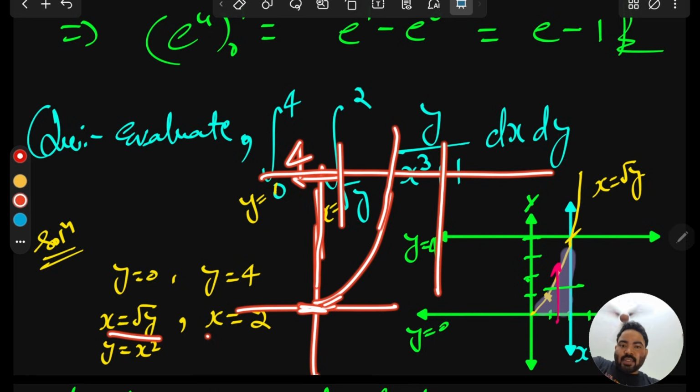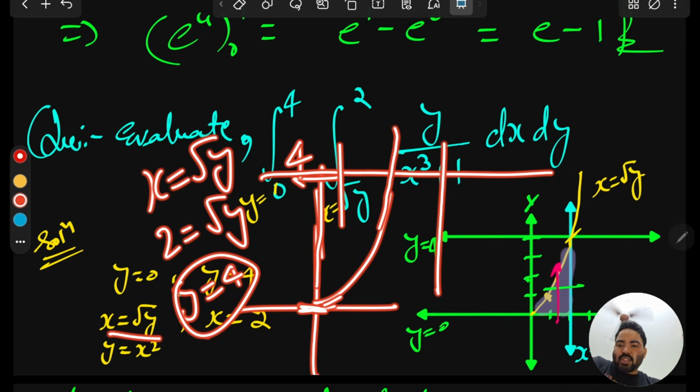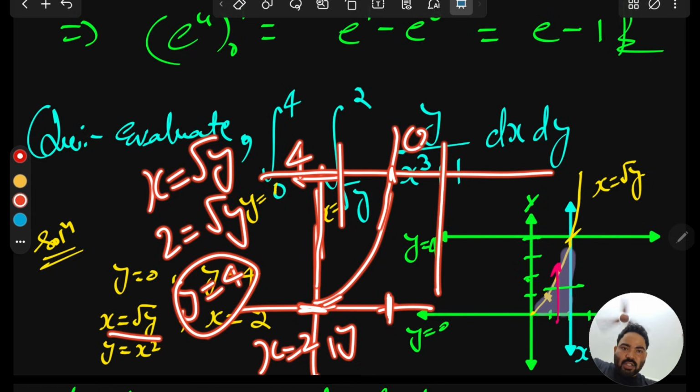This is the equation x equal to under root y. If you put x equal to 2, then under root y equal to 2 gives y equal to 4. Means if x is 2, then y should be 4, so this is the point 2 comma 4, which means the x equal to 2 line will pass from here, and this is the actual graph.